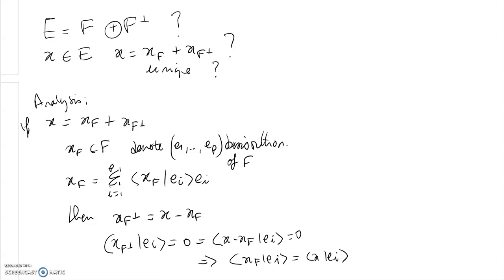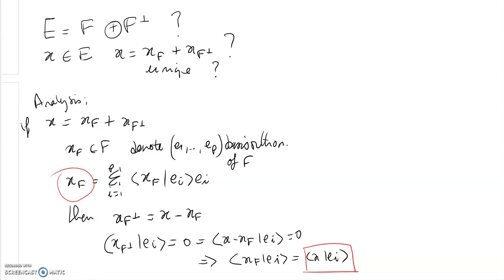It tells you that, if this is true, you can actually find the part that belongs to F. It's going to have as components the same components as x would have on this basis e_i of F. So that was the analysis.